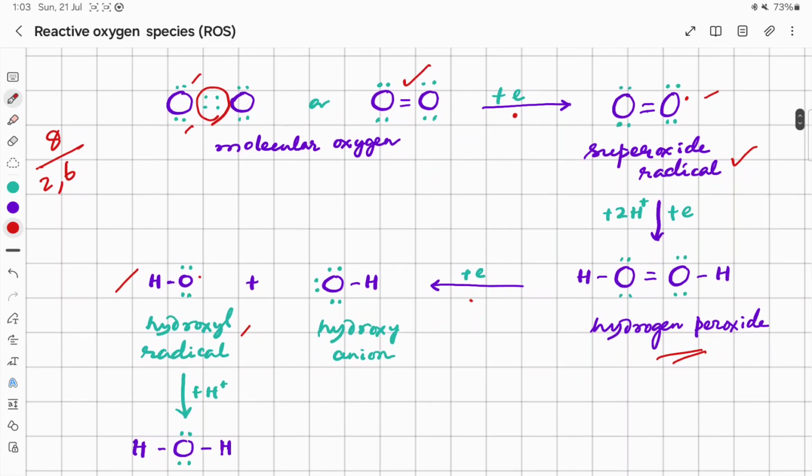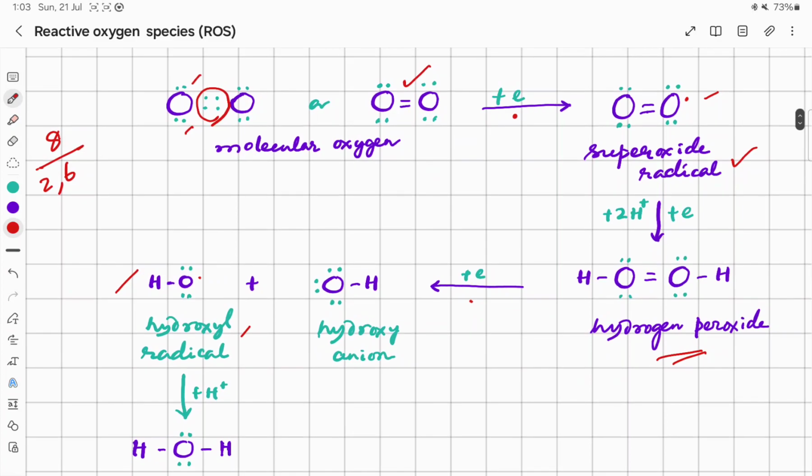You can see first the electron transfer reactions. The molecular oxygen we can see here: oxygen, the atomic number is 8 and the electronic configuration is 2, 6. So there are 2 paired electrons, 2 paired electrons and 2 unpaired electrons.